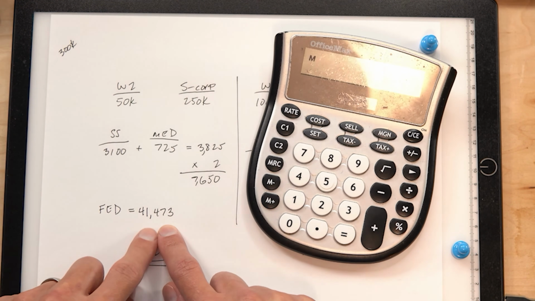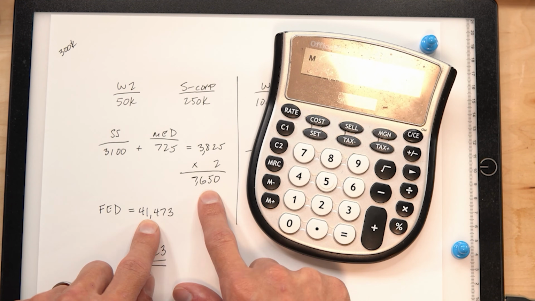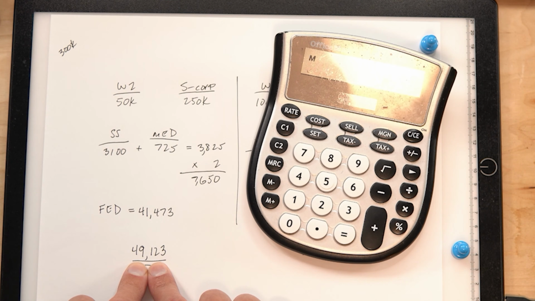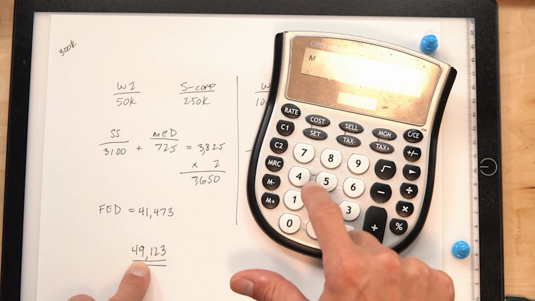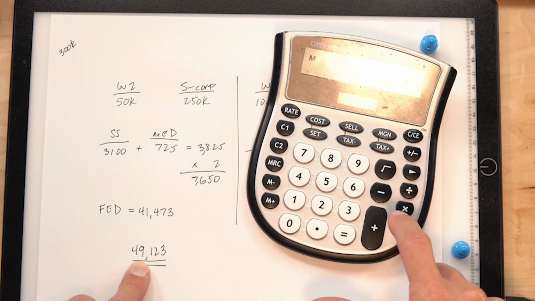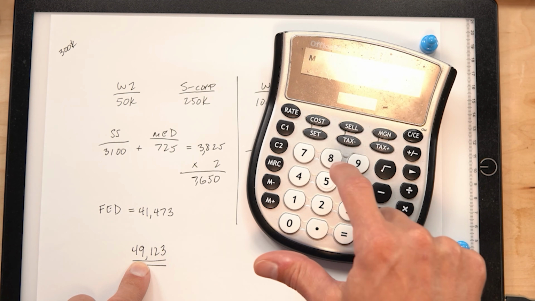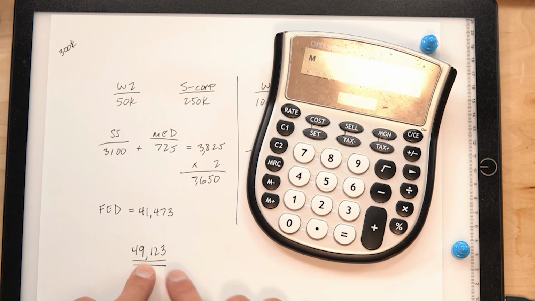Here's what I want to point out. If we add these two numbers up, we get $49,123. Let's make sure that math is correct: $41,473 plus our $7,650 is $49,123.